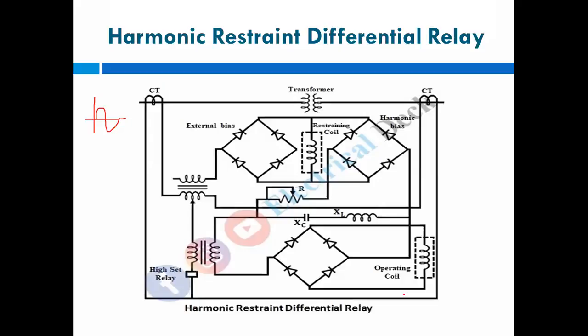But if there are higher harmonics, that is if the magnetic inrush current is flowing, which means there are serious faults, at that time the restraining coil becomes sensitive, so that it will operate there. So this is the difference here.